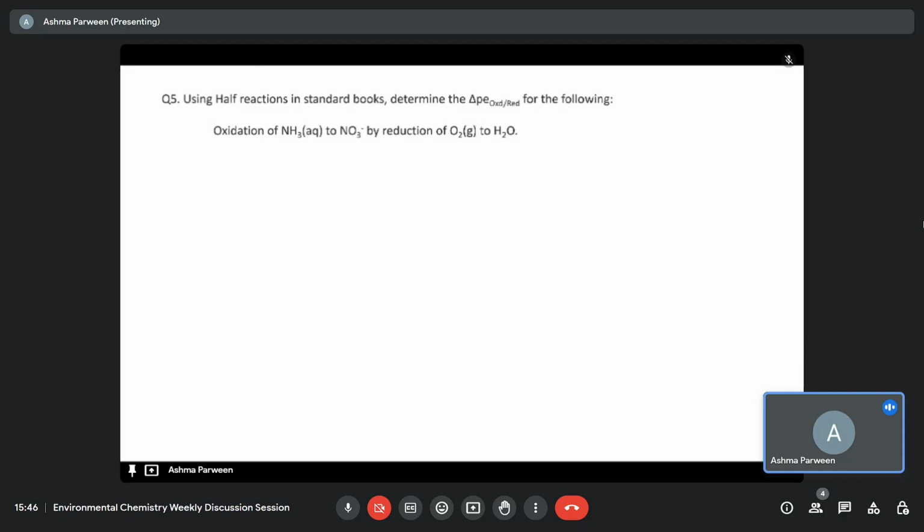First I request you to write these half cell reactions, that is the oxidation of ammonia to nitrate, and the second half cell reaction, that is the reduction of oxygen to H2O, and then we will proceed further in the question. I'll give you 5 minutes to balance these reactions, and then we will see how to solve this question. After balancing, I will give you the standard values of pE naught for these two reactions so that we can solve the question further.